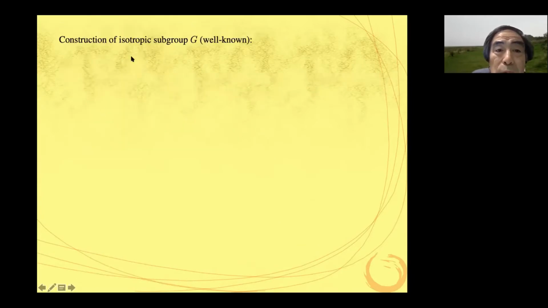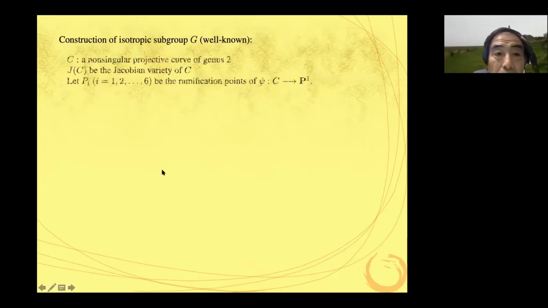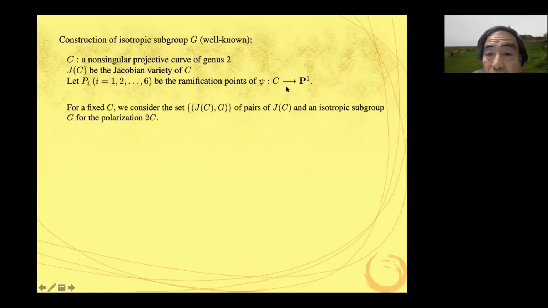And the construction of the isotropic subgroup. How to construct? We consider the case of a non-singular projective curve of genus 2, and we consider the Jacobian and the ramification points of this natural map.